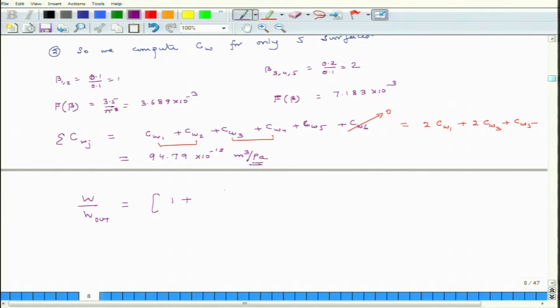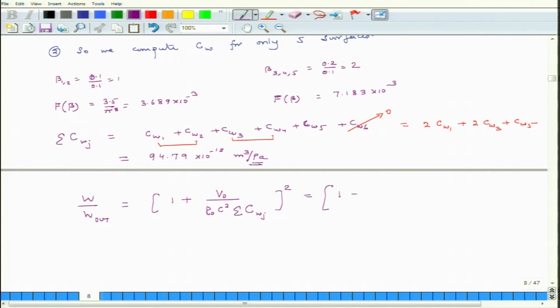The relation is V naught divided by rho naught c square times the summation of all the compliances, and the whole thing squared.